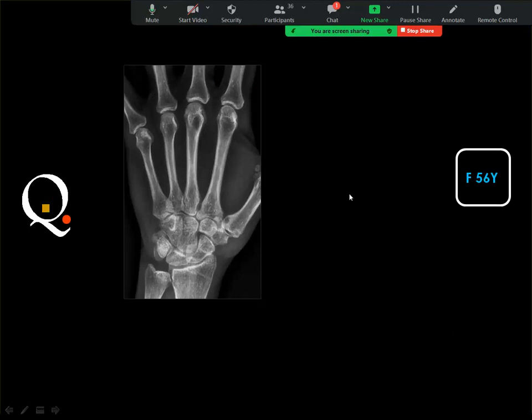Next case is an X-ray of the hand and wrist of a female patient, 56 years old.